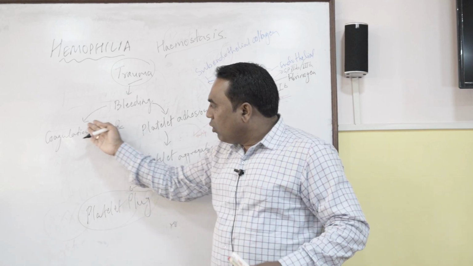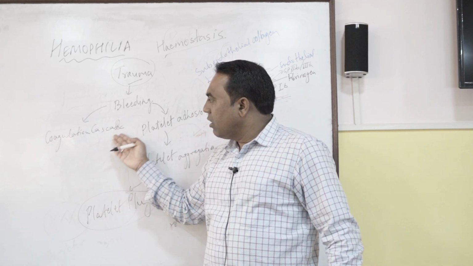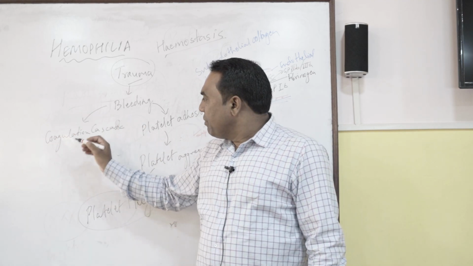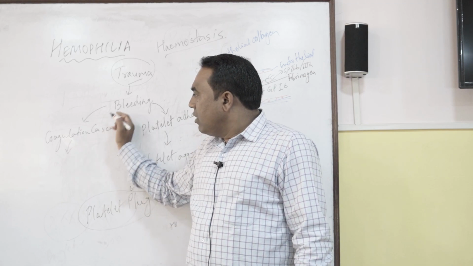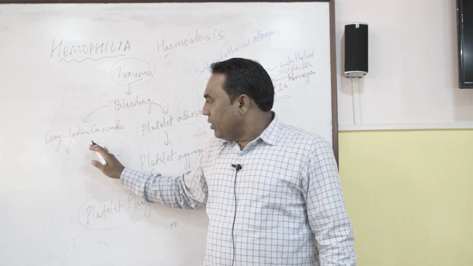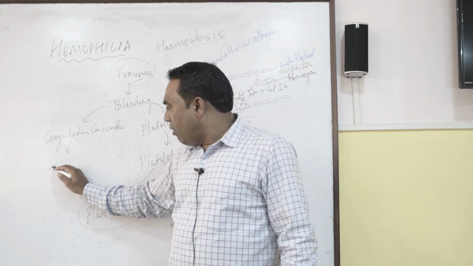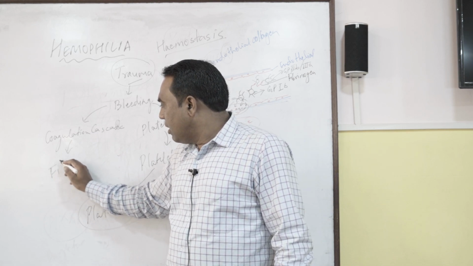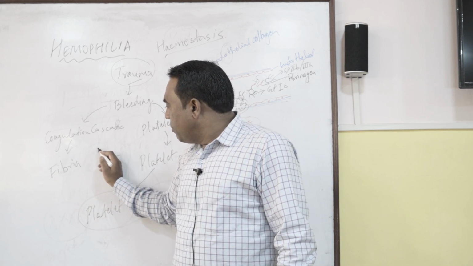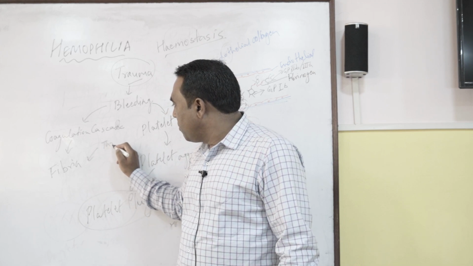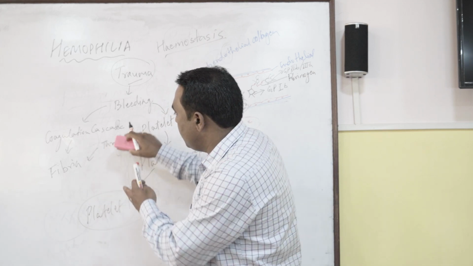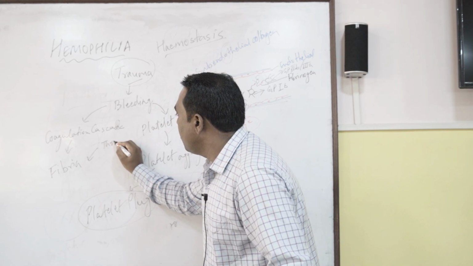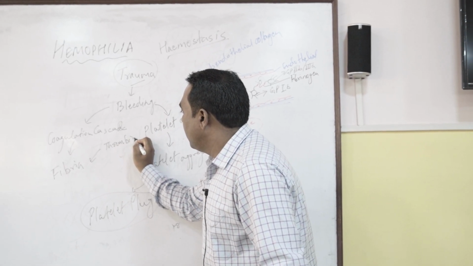All right, all the clotting factors are going to play their role in this coagulation cascade, and once they have played their role, now they are going to form fibrin. Now they are going to form the fibrin in the presence of thrombin, let me just write it properly, thrombin. This is thrombin. Okay.